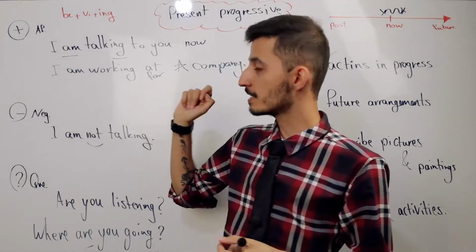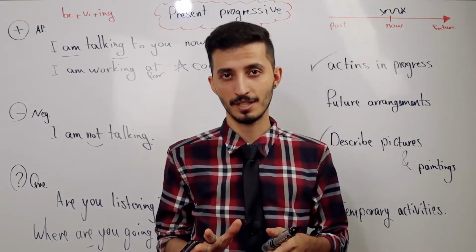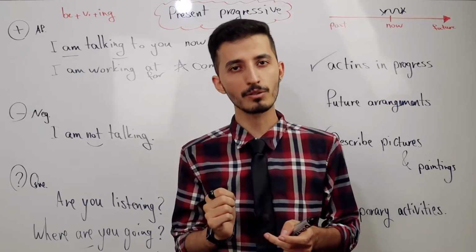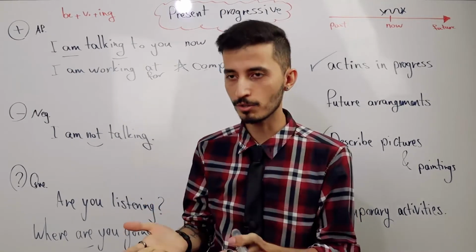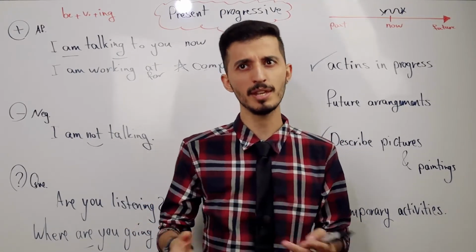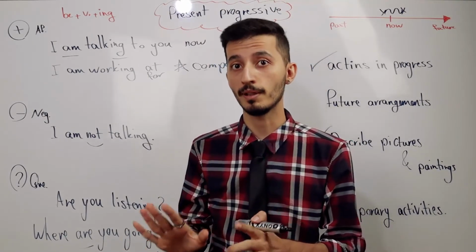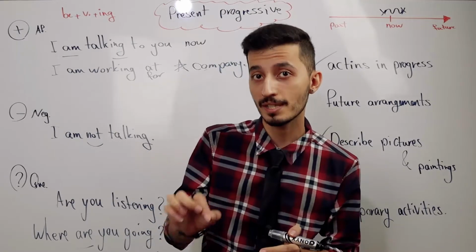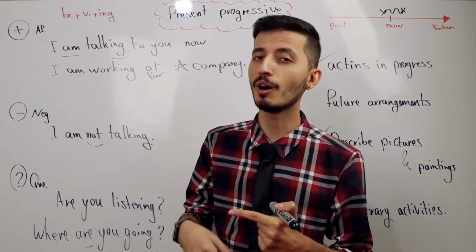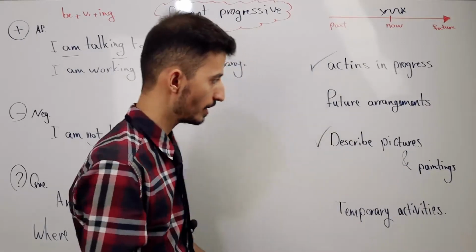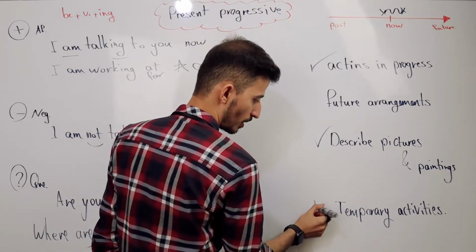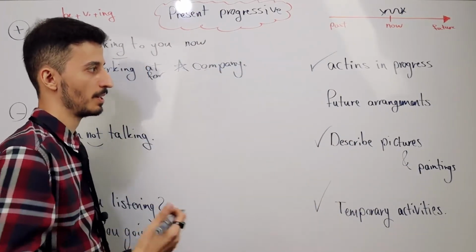Another example of this would be when you're talking to kids. You say, oh, you're being rude. Normally we say you are rude. So why am I saying you are being rude? Because I want to show that normally you are polite, but now, just now, for a short time, you are being rude. So this one was the other usage of present continuous, present progressive.